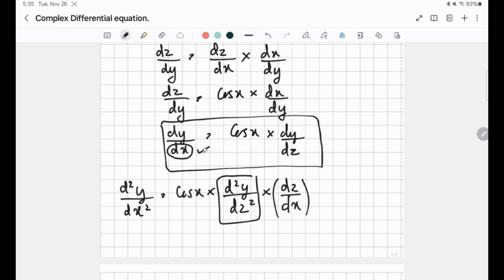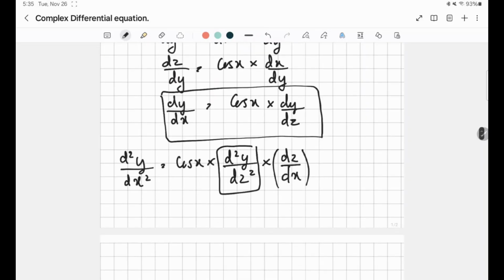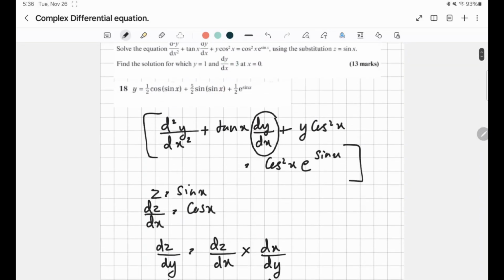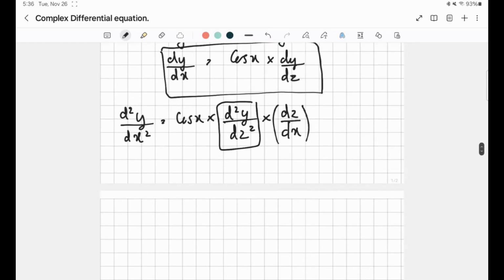It's going to be the same for most of these substitution differential equations, because they've given a substitution: z equals sin x. We don't have y in this substitution. If we did, it would be pretty easy, but it's complex because it's just z, an unknown term, and x.